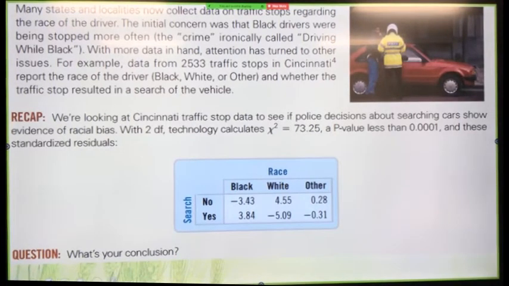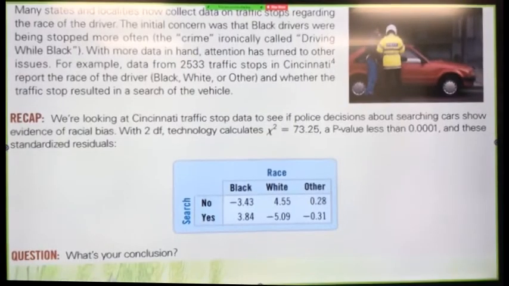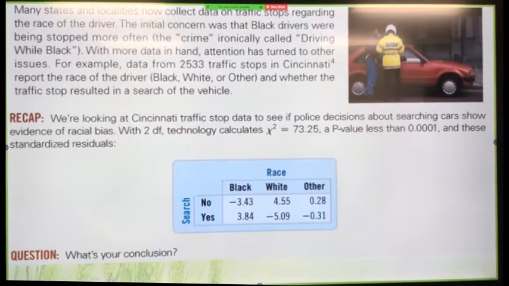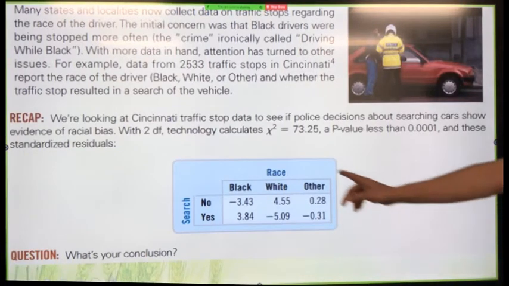Let's assume we've already run all the data. See if police decisions about searching cars show evidence of racial bias. With 2 degrees of freedom, technology calculates the chi-squared value of 73.25 and a p-value less than 0.0001. And these are the standardized residuals.